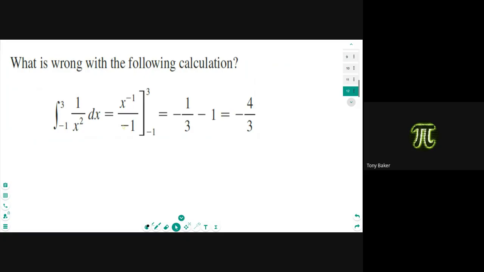Yeah, but that's actually what they have there, really. Because of the x to the negative first, it's really just negative 1 over x. That's not the mistake.